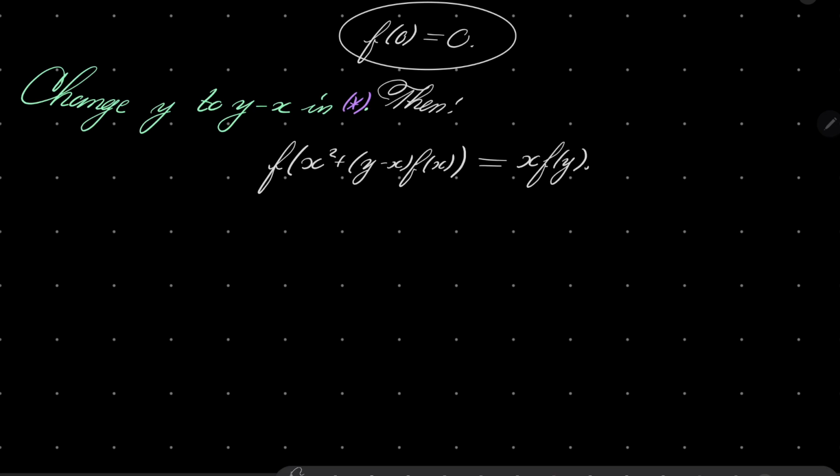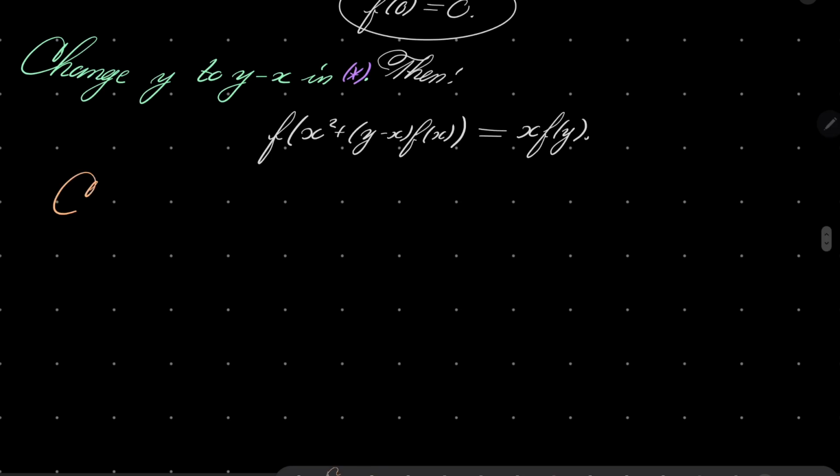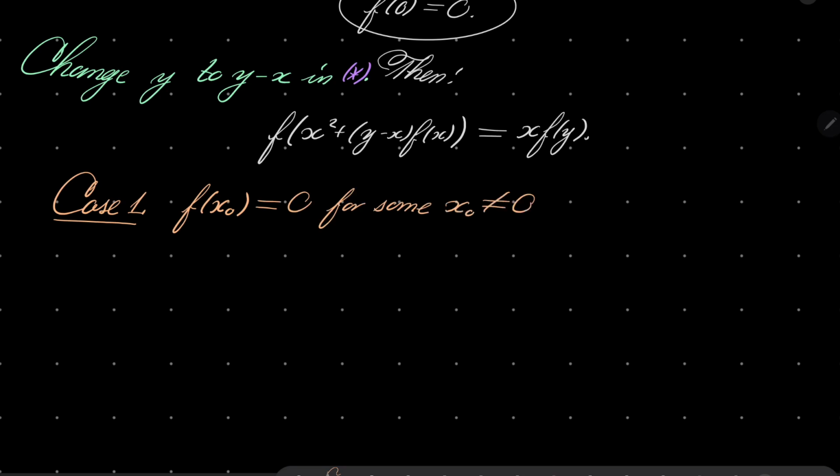And now I wish to consider two cases. Case number one: f of some non-zero number is 0, or some x0 not equal 0. Notice that then the line written above, I will call it double asterisk, becomes the following.